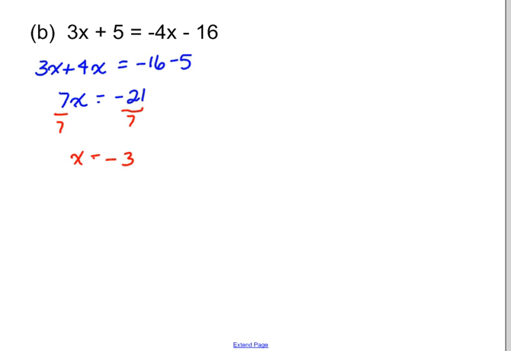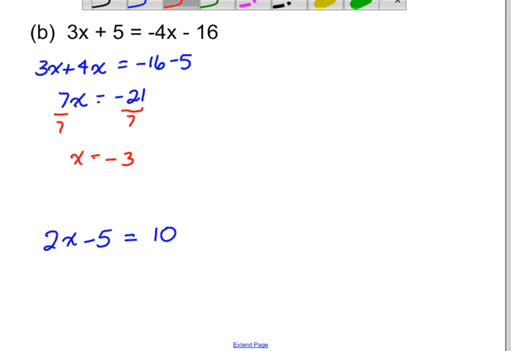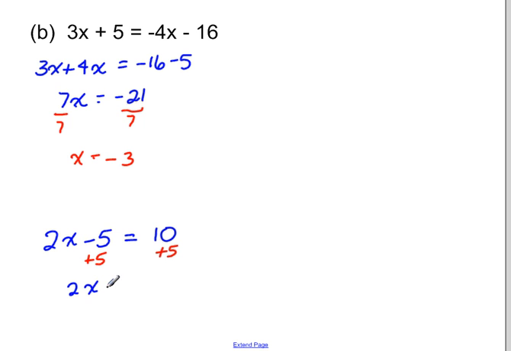The other thing that I do want to mention is sometimes when you're solving equations, they won't work out perfectly. So for example, let's just make one up. 2x minus 5 equals 10. And so to solve this equation, you're going to add 5 to both sides. And you'll get 2x equals 15.